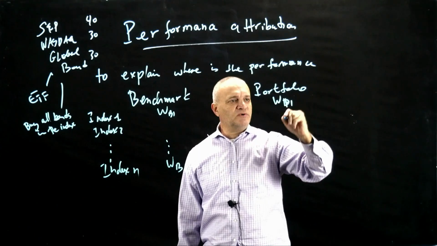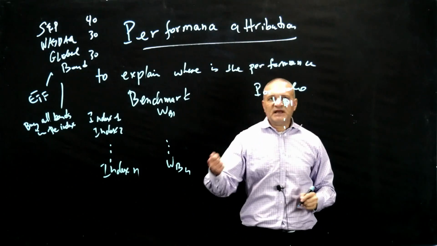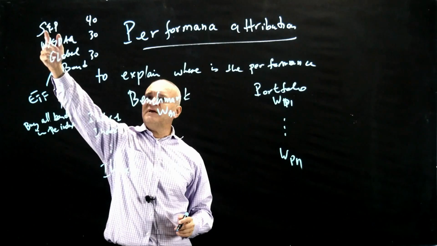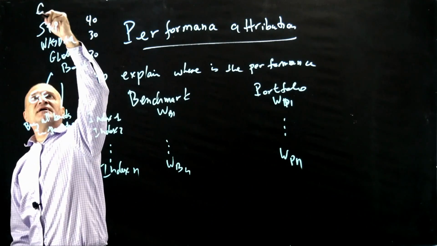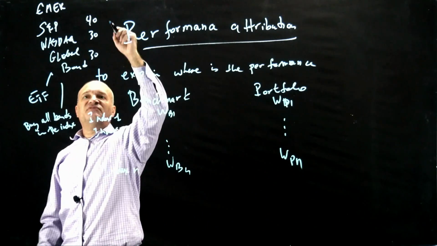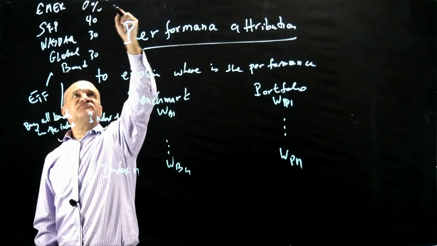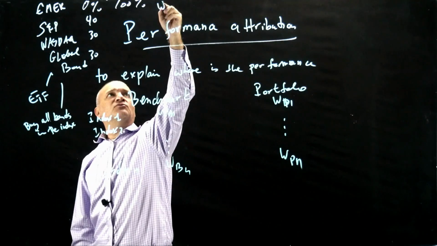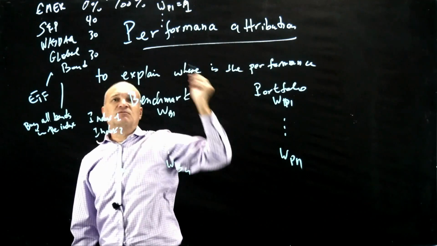These are the portfolio weights. You might ask, Yaakov, what happens if we're not investing in this, but in emerging markets? Then in the benchmark you will have 0% in emerging markets, while in your portfolio maybe you have 100%. So in this case, W portfolio 1 will be 1, and all the other ones will be 0.